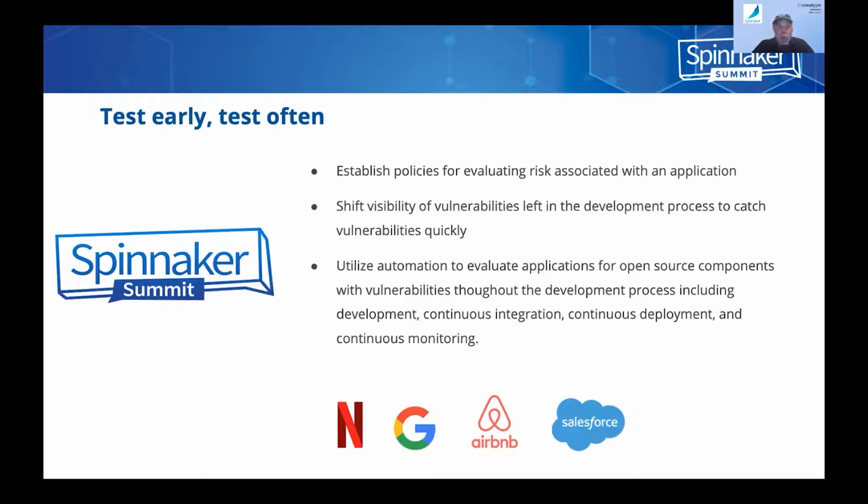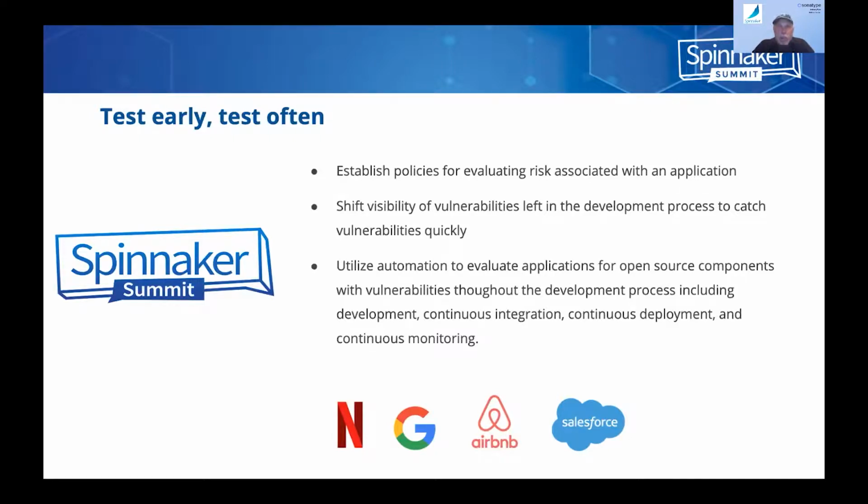Instead of waiting until the application has been built and then taking an inventory of all the different open source components included, test early in the process. Take a look at the different components being included as part of your application, even before they're built, within your application development process.